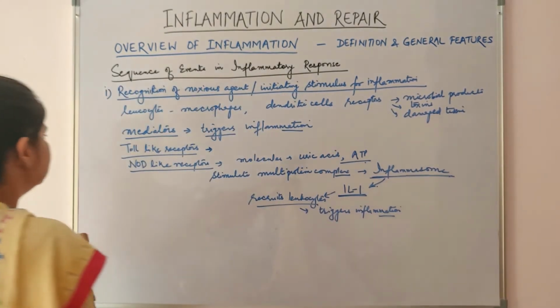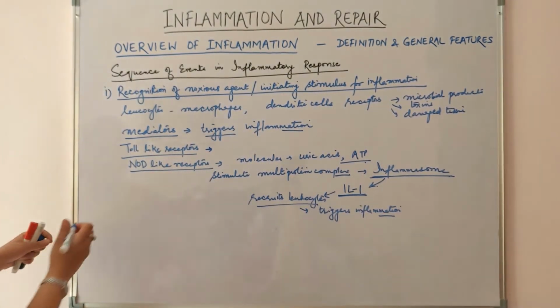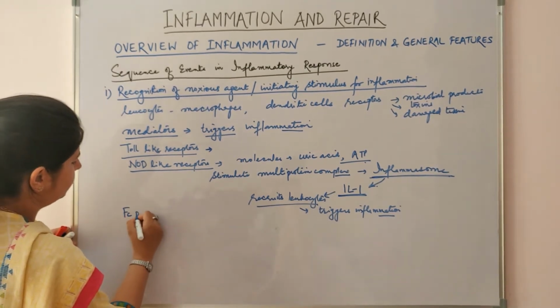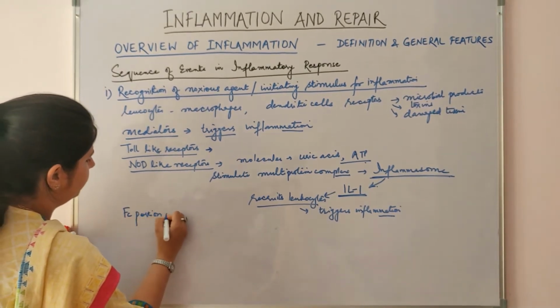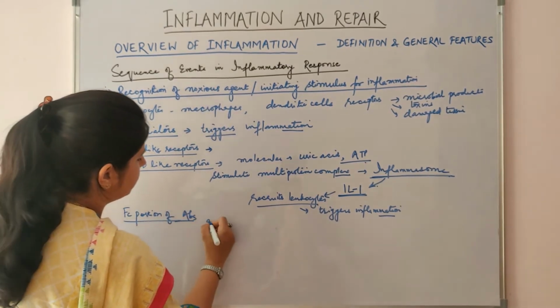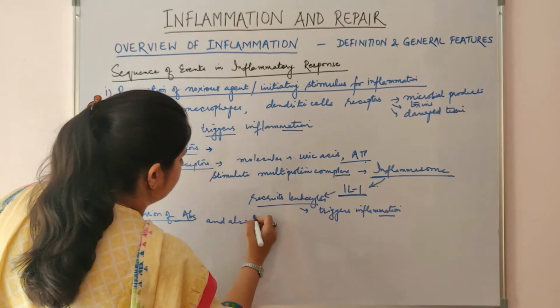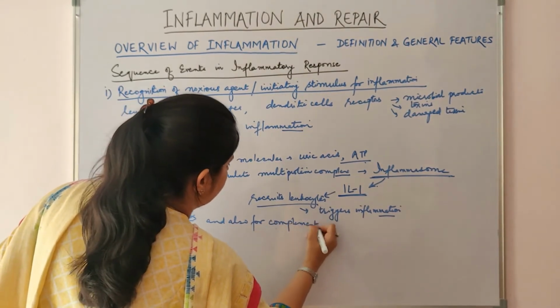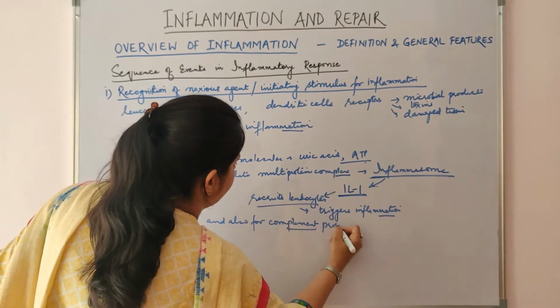Now the leukocytes also have receptors for the Fc portion of antibodies and also for complement proteins.